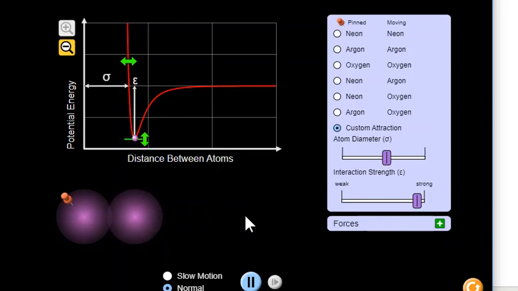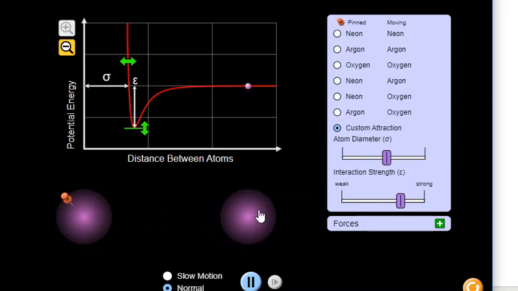The depth of that well depends on the strength of the interaction. So here it's a pretty strong interaction compared to a much weaker interaction, much weaker bond. In order to get these atoms apart, I do have to put energy into the system to get them away from each other.